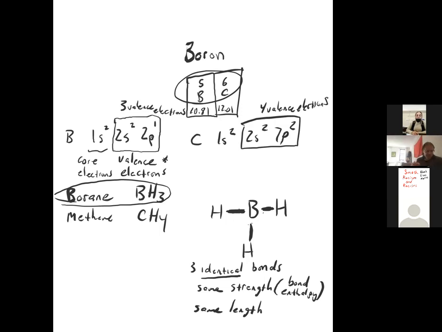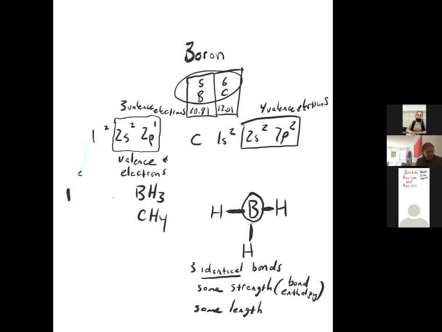Okay, that's an important point. If the bonds are the same strength and length, the orbitals at the central atom, here's your central atom, the orbitals that it's using to form bonds have to be the same. So that presents a problem. Let me show you what the problem is.